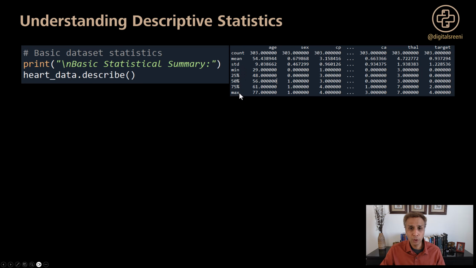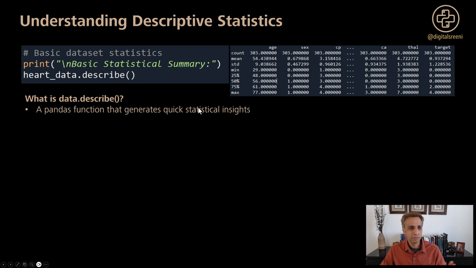I hope most of you know what these are. This is a pandas function. Heart underscore data is a pandas data frame, and describe is describing the data frame. That's what describe actually does in coding.